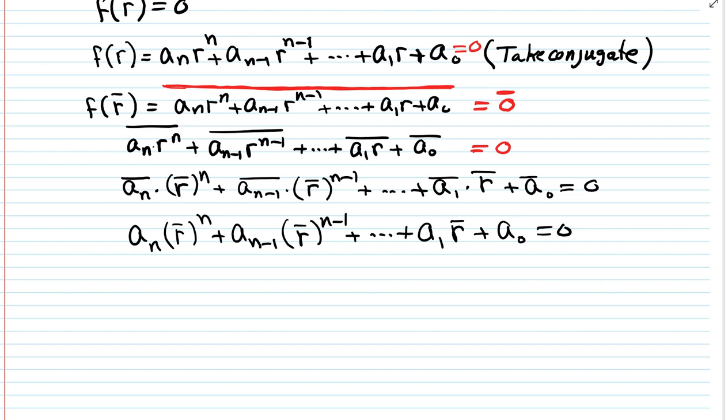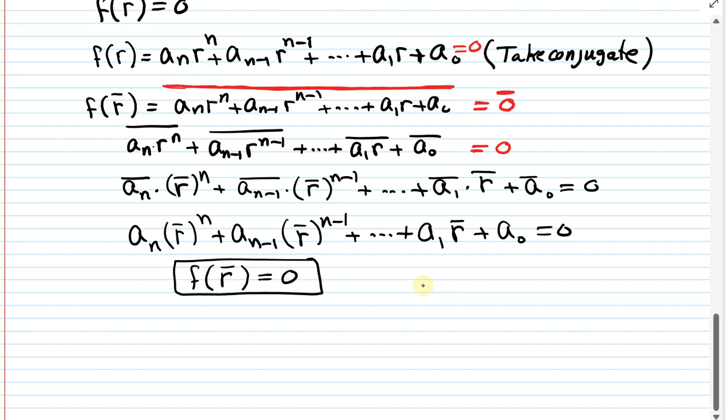Now if you look at the left side, it is your f of x, where x is r bar now, isn't it? True? That's going to be the polynomial function evaluated at r bar. Therefore, the whole left side is f at r bar, instead of x. And we just showed that's equal to 0. Well, what's the implication of this?